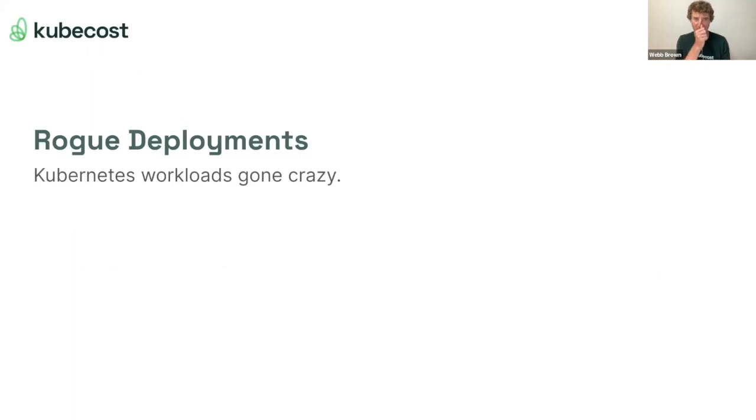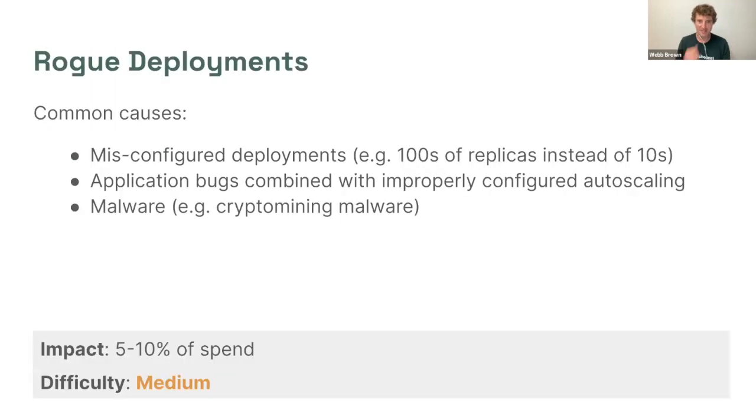All right, jumping to insight or anti-pattern number 3. This is, I would say, a less common one, but when it happens, it can be really expensive. So we call this rogue deployments, or just workloads gone awry or gone crazy. So examples here, we have seen many of them.